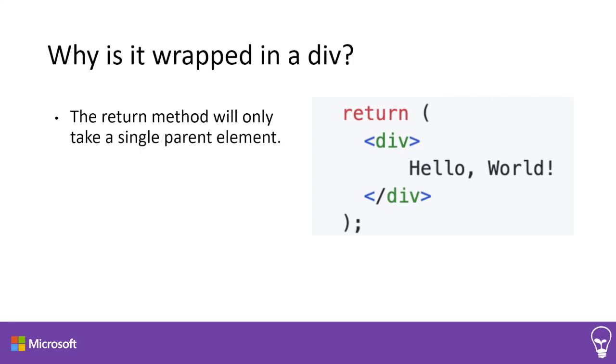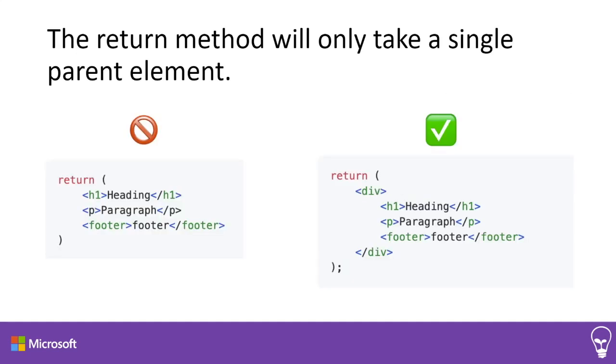In React, the return method will only take a single parent element. So that means on the left, if you see we've got an h1 tag, a paragraph tag, and a footer tag, you can't have lots of different elements in one return statement. But if you wrap them all in one parent div, then it's fine. As long as everything's in one parent element, you can have as many different tags and as many different components as you want.